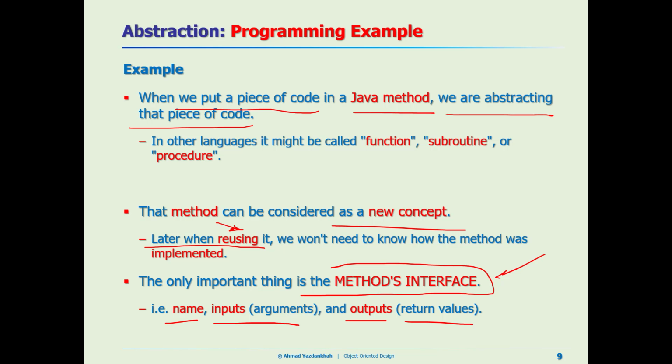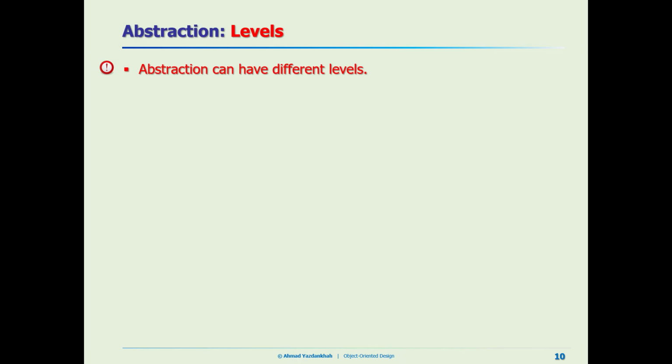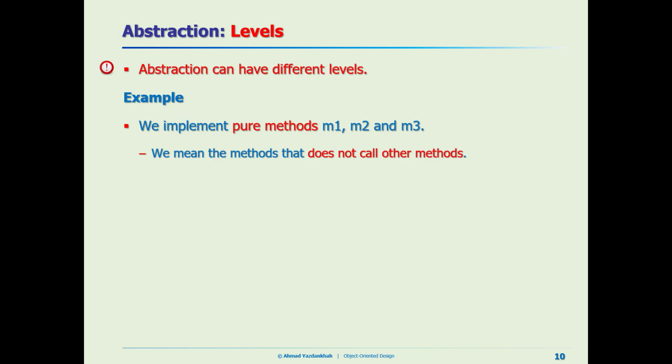Okay. So abstraction can have many levels. Let me take an example. Let's say we have some pure methods. When I say pure method, it means that inside the method, you are not calling another method. It's just a bunch of statements, not calling other methods.